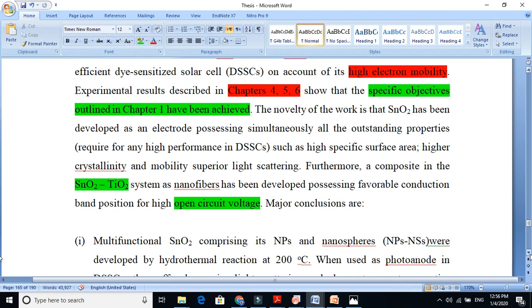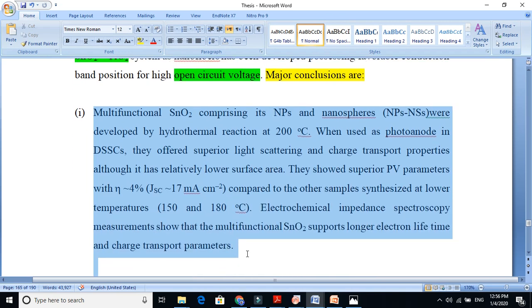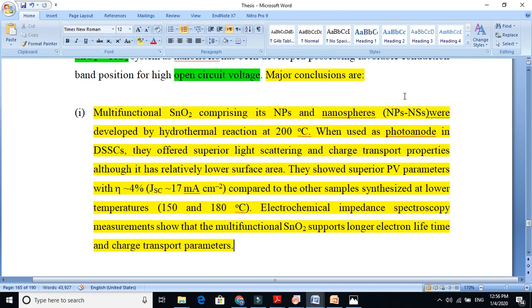Now look here, I just say major conclusion. Number 1, in this I explain chapter 4. Here you see the multifunctional nanosphere nanoparticles, and I explain briefly what the efficiency was. This is the efficiency, and this is the current basically.